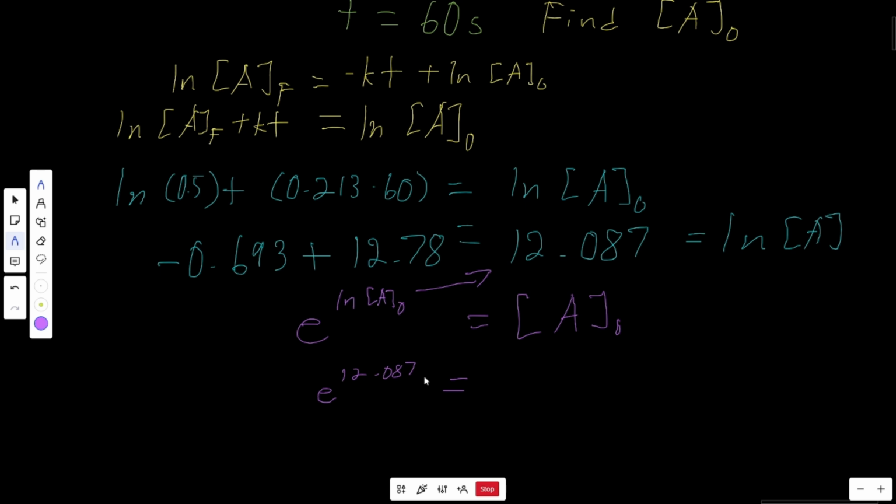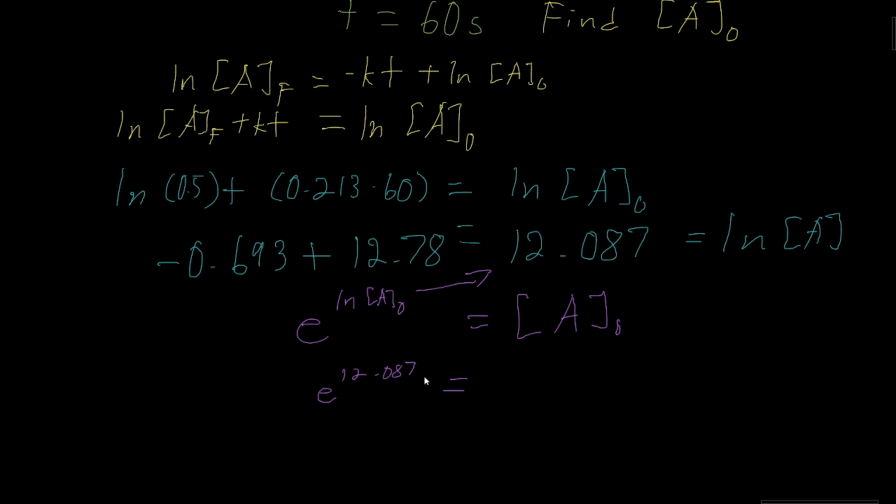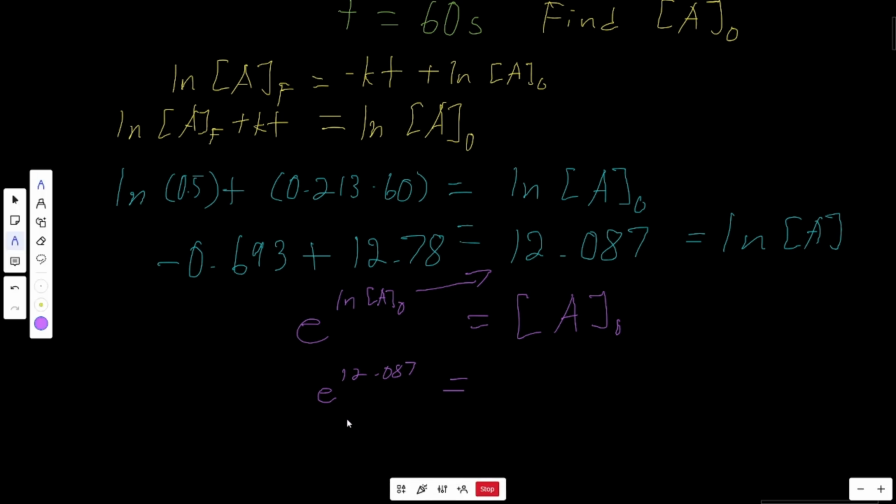This would be equal to e raised to 12.087, which is 1.77 times 10 to the power of 5 molar. Quite a large number. However, that's it. So I hope that makes sense.